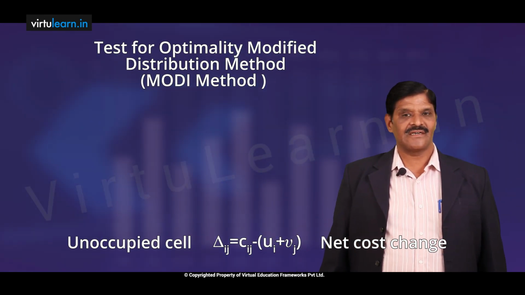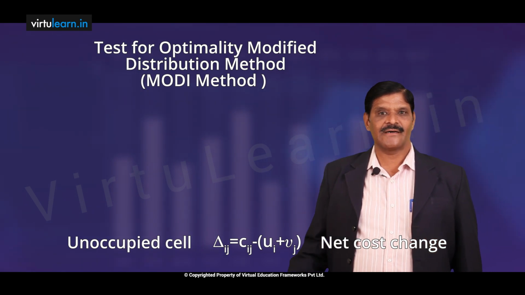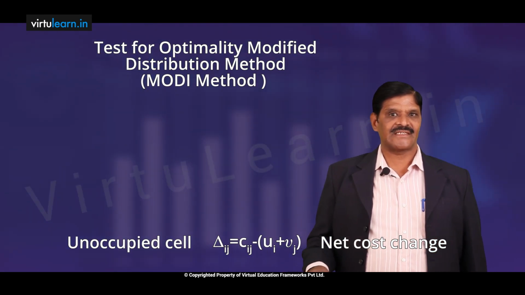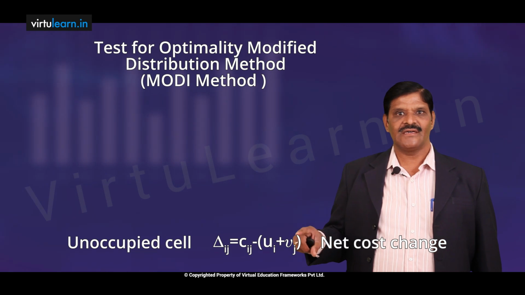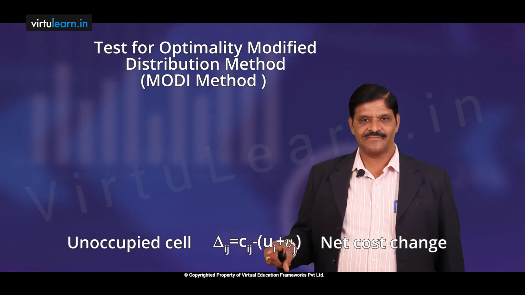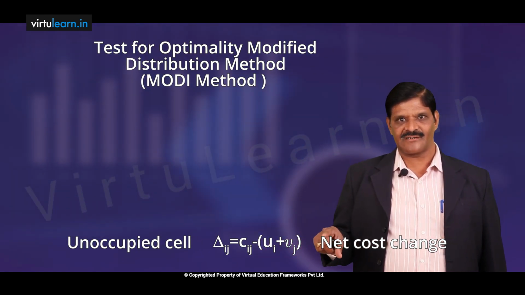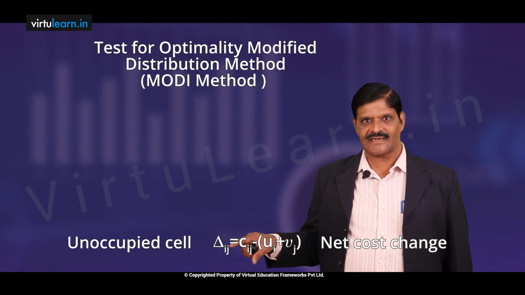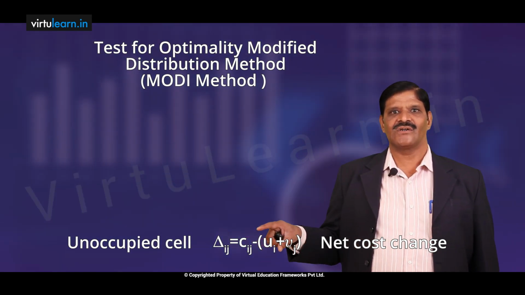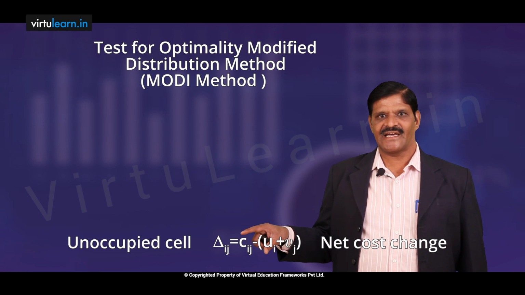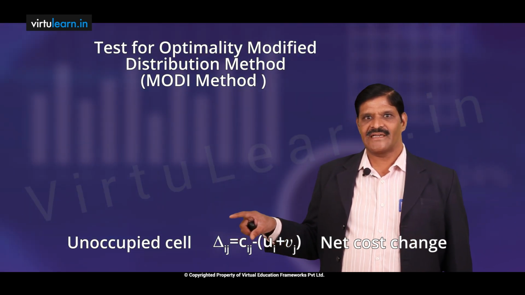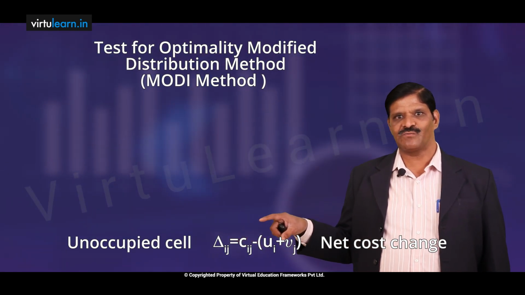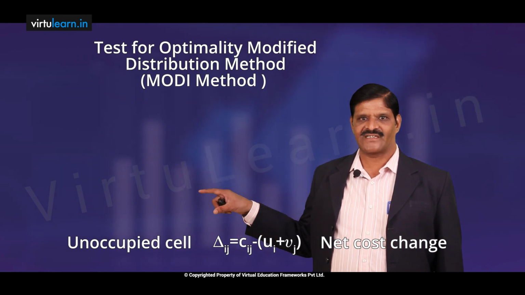But before that, let us say the u2 v3 cell, which is represented by second row and third column, has 20 as the cost. If there is an allocation, u2 plus v3 is equal to 20.